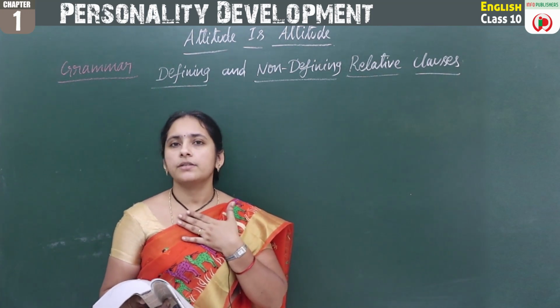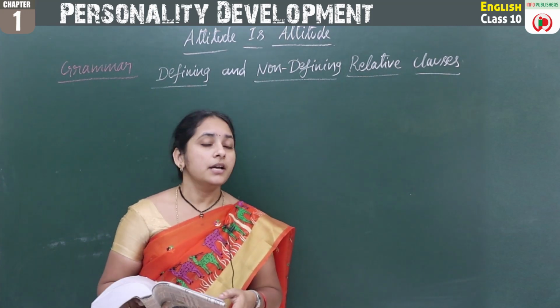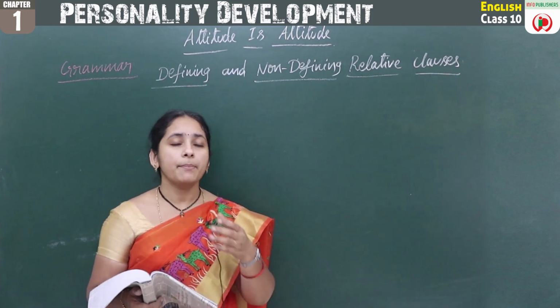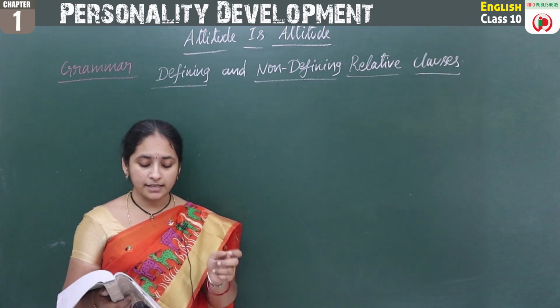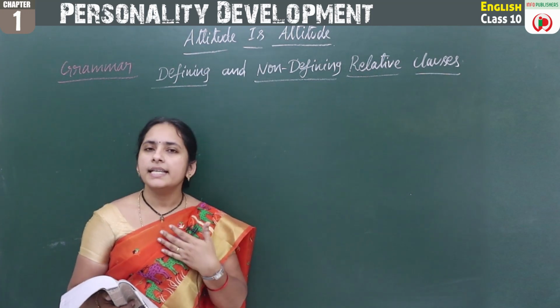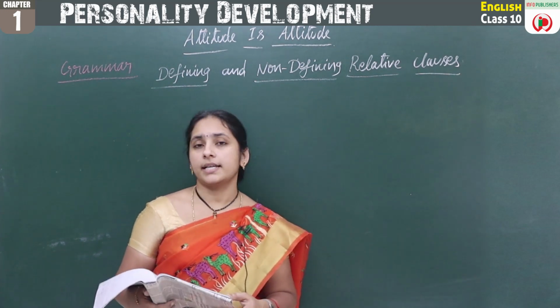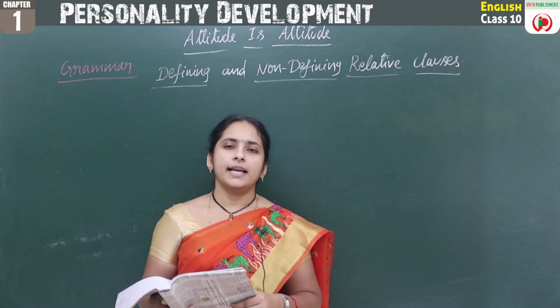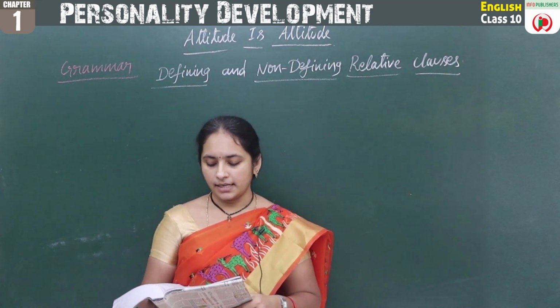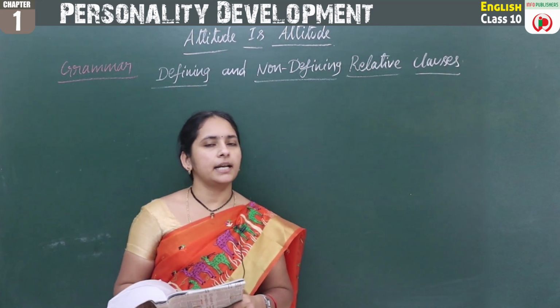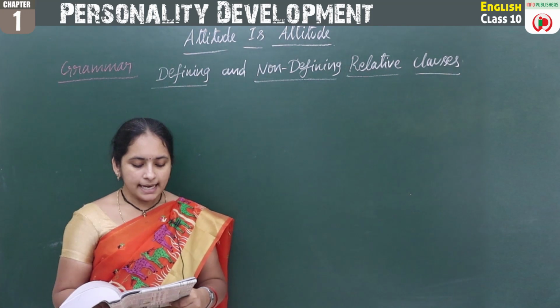He is my best friend. So I am giving information about Suresh, it's not defining Suresh. That's why in that blank what can you write? Who is my best friend. Who is my best friend has left the school just now. So this sentence is, yes, very good. Non-defining relative clause. First two defining relative clauses. Next one.